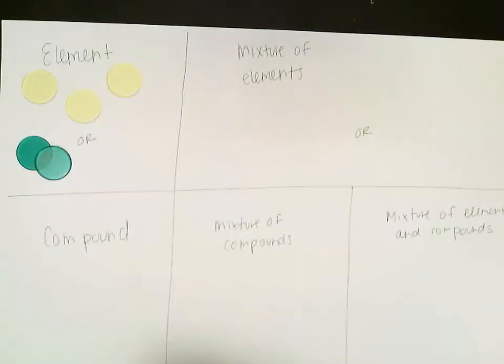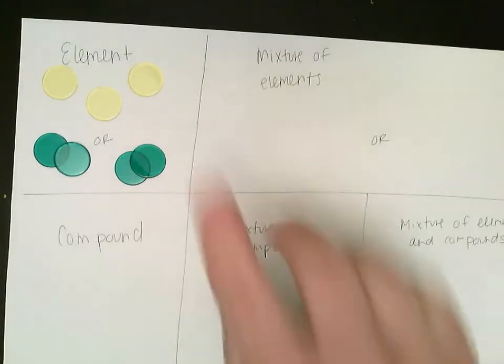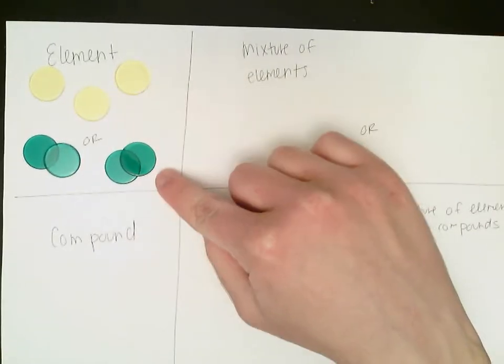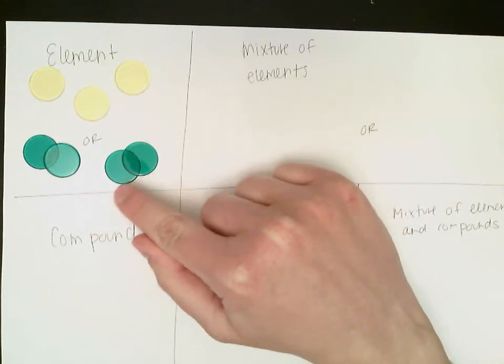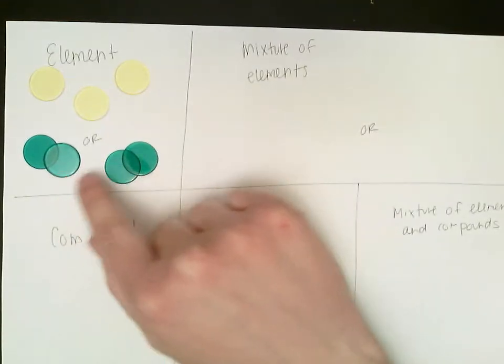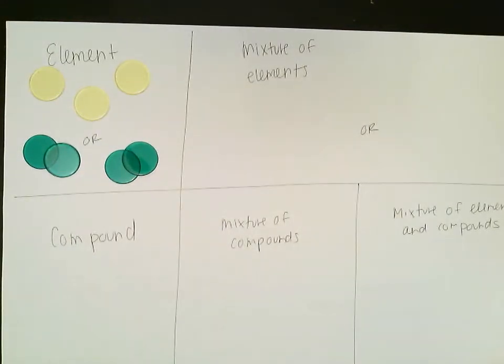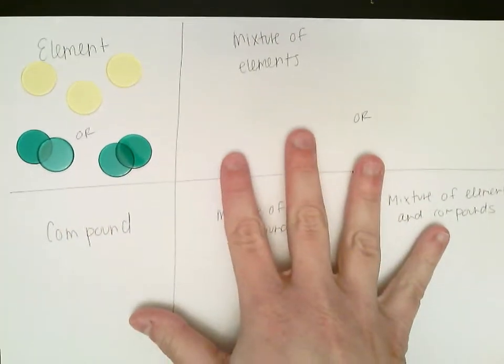We'll talk about these diatomic elements a little bit later, but both of those are element types, plain individual colors or ones that are bonded. Now we show things being bonded or things being chemically connected by overlapping or touching, depending on what type of paper you have, circles.